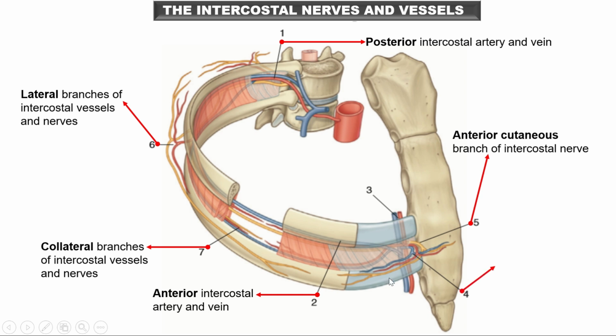And then also we have these perforating branches from the intercostal vessels. One is from the artery, and then we have these perforating ones that are joining the vein to carry venous drainage from this anterior chest wall.